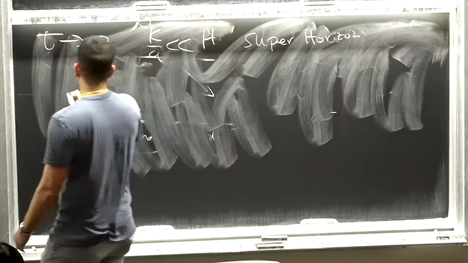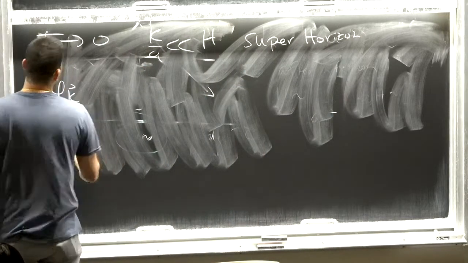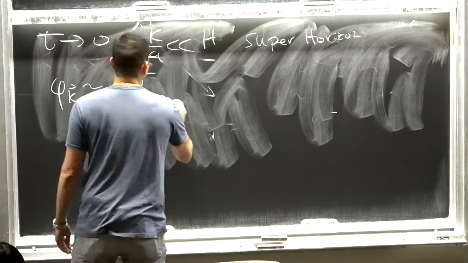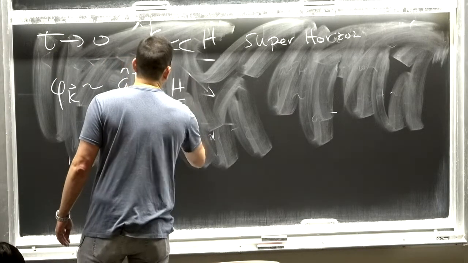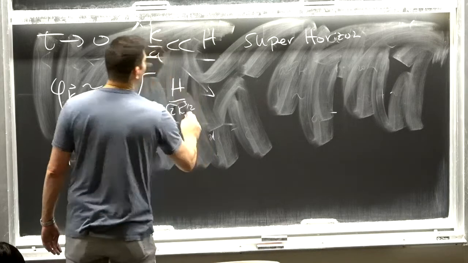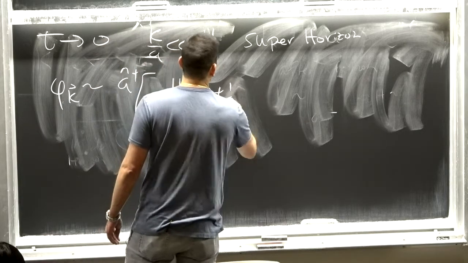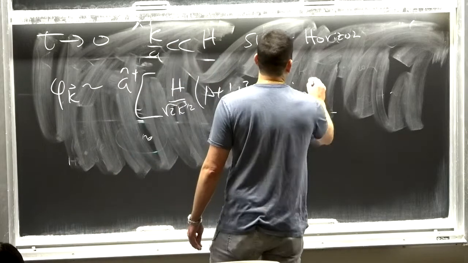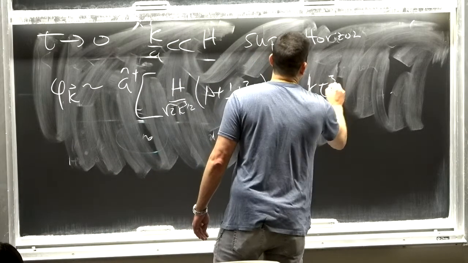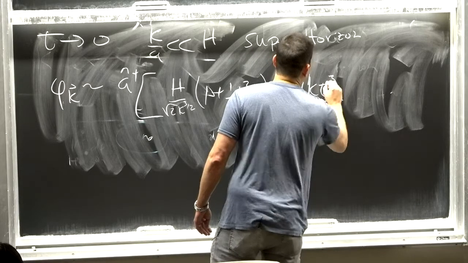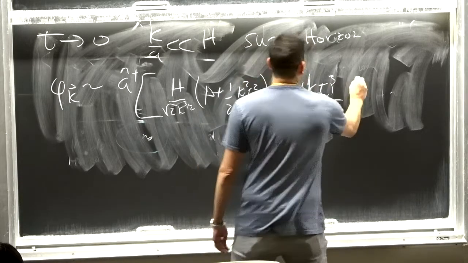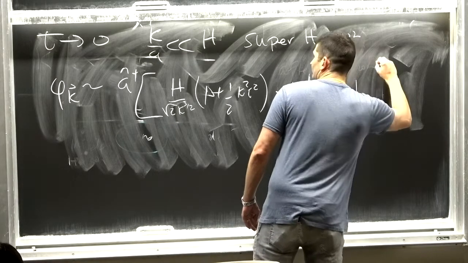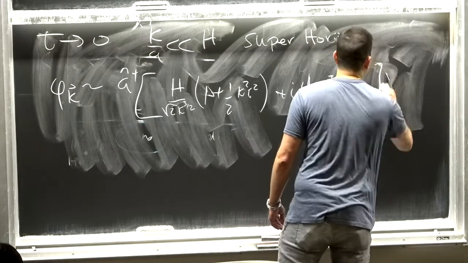And if we expand our solution out, it will become H over square root of 2k to the 3/2, times (1 plus 1/2 k squared tau squared), plus i (k tau)³ over 3, and I still put my 1 over square root of 2k to the 3/2, plus the Hermitian conjugate.